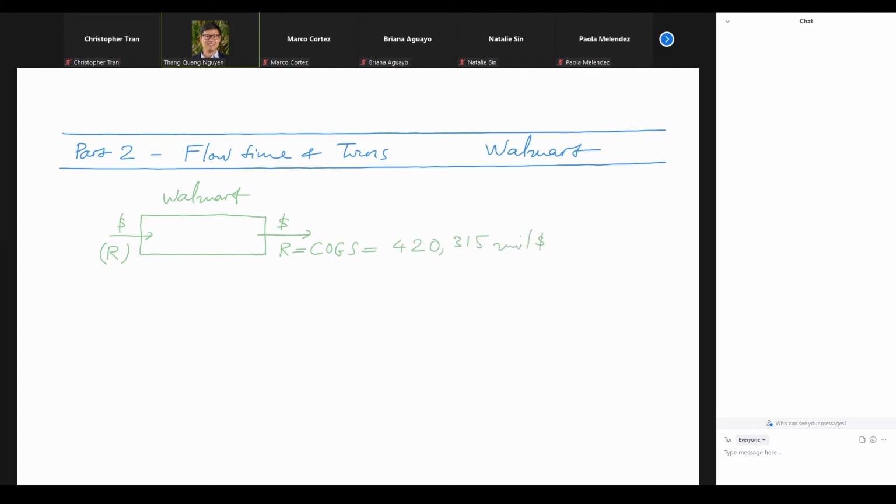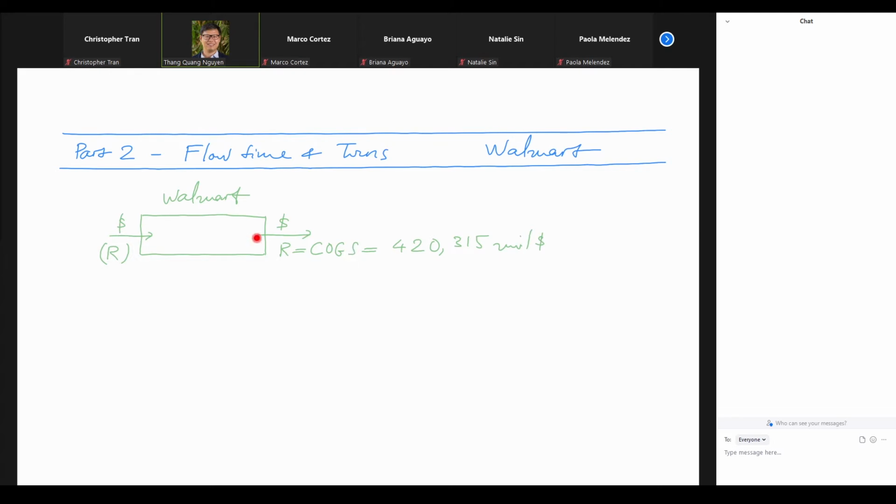So that's the flow rate. Why is that the flow rate? Because this is the amount of dollars that enter the process, right? They enter the retail process at the beginning. And at the end, after we get the items sold, we get them back. That's why we call that as a cost of goods sold.